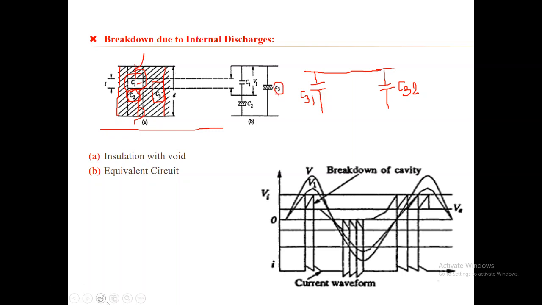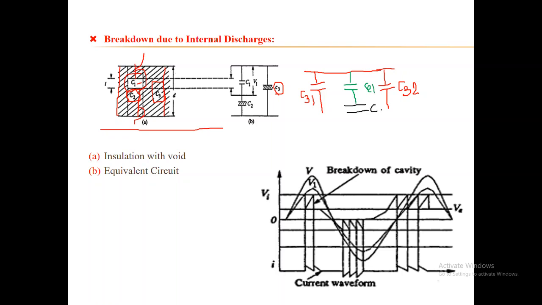Now the void capacitor I need to show. Prior to that, I also have to show the series capacitances. So suppose this is C21, and in between C21 and C22 is the capacitance of the void.